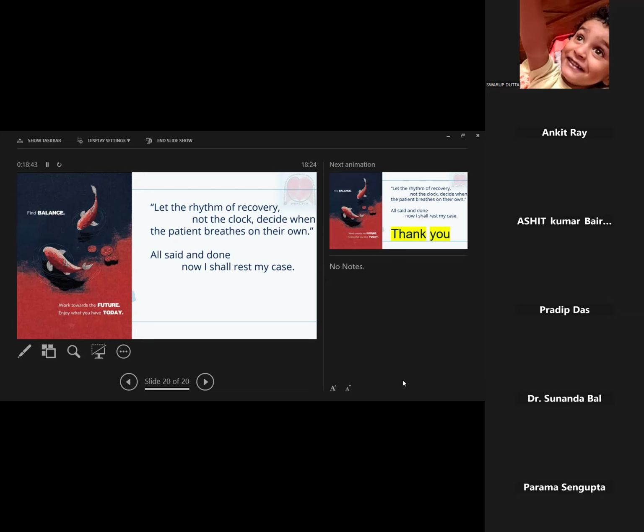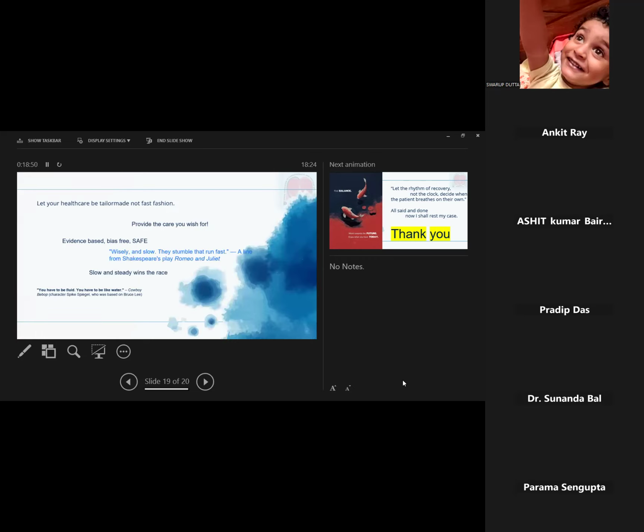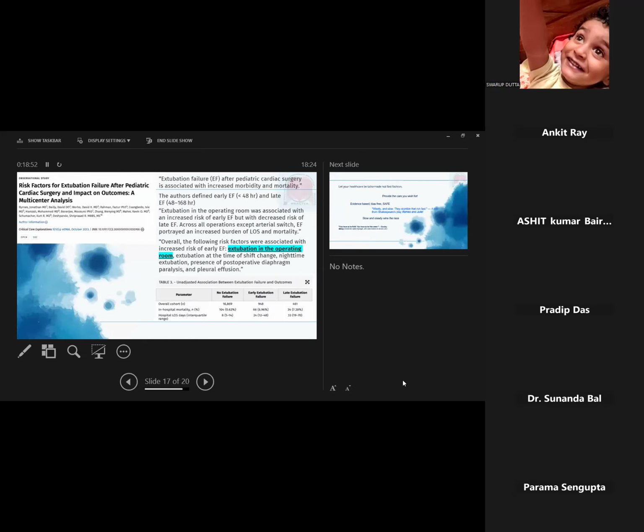I'd like to refer to my slides again. I'll just show you the slides. Okay, so there is a clear comparison between operating room extubation and conventional extubation with four parameters. Number one, the postoperative morbidity. Number two, ICU length of stay. Number three, hospital stay, and number four, cost.